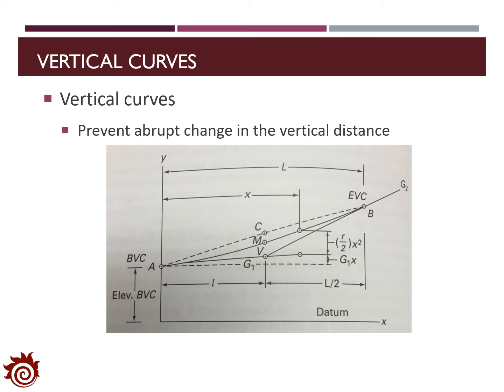And the figure here shows one example about the design of the vertical curve to connect the segment from A to V to B, where the slope of AV and VB will be different.